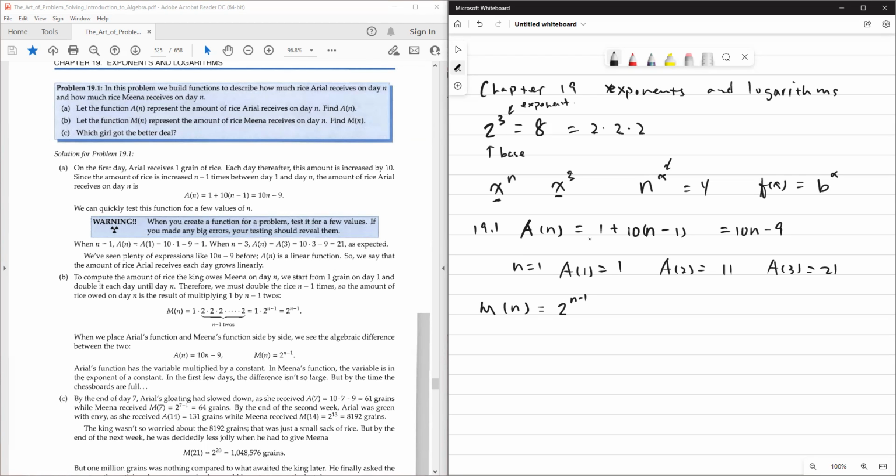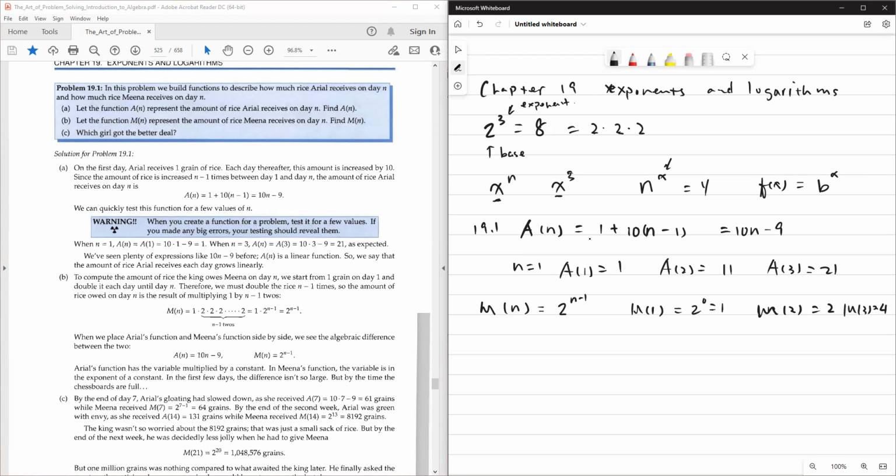Because it starts with 1. So m1 equals 2 to the 0 is 1, and m2 equals 2. You double 1, you get 2, and m3 equals 4. Okay, so that seems to work out.